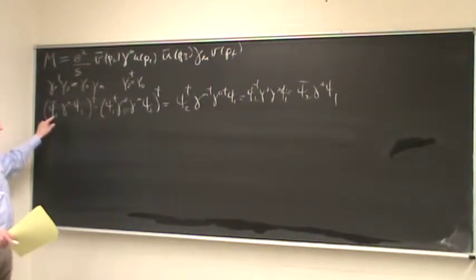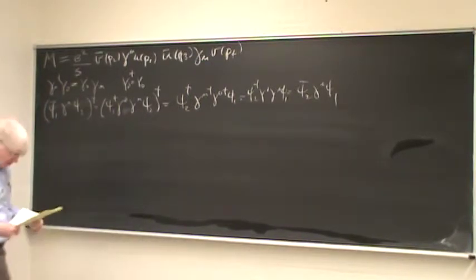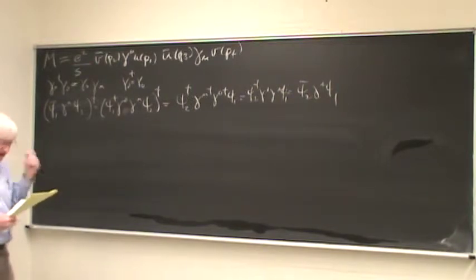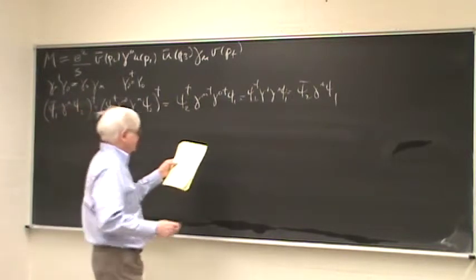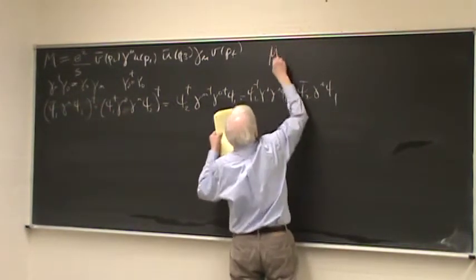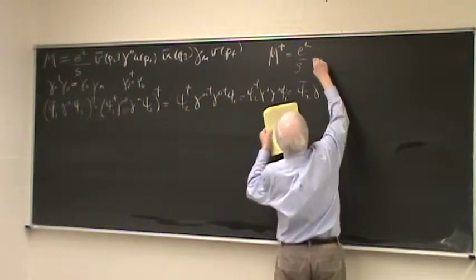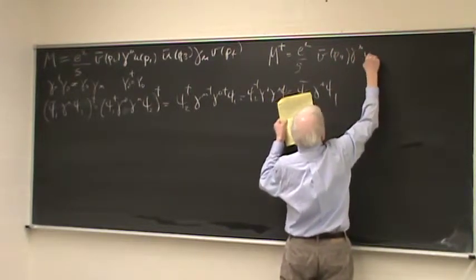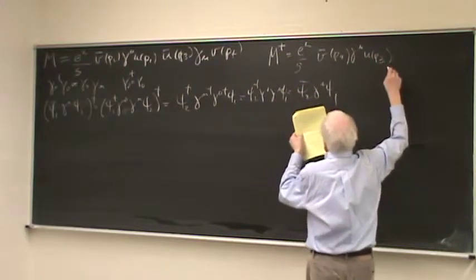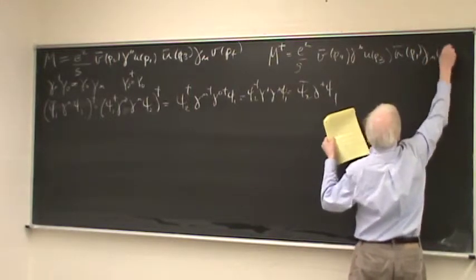So in other words, this thing, psi 1 bar gamma mu psi 2, you take the adjoint, it just turns into the same thing with 2 and 1 interchanged. And so the adjoint of M is M adjoint, and then this is e squared over s, and it is then V bar of P4 gamma mu U of P3 times U bar of P1 gamma mu V of P2.